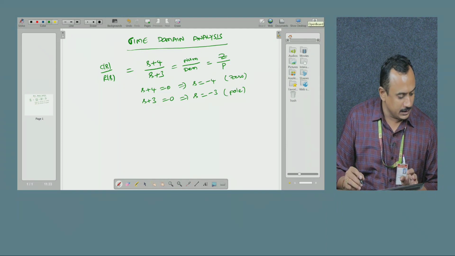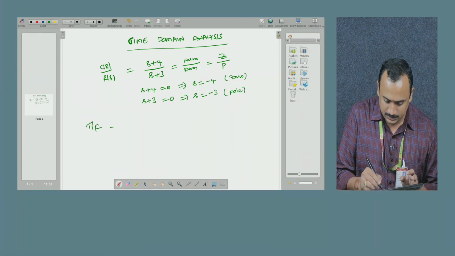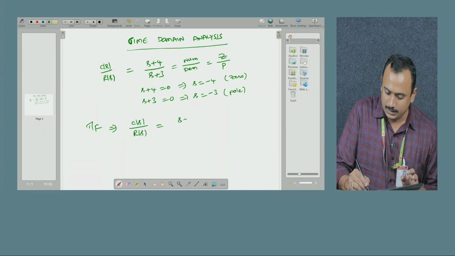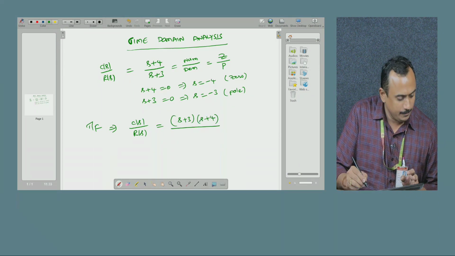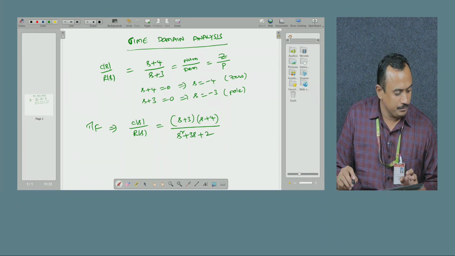Now let us take another example. The transfer function is C(s)/R(s) = (s + 3)(s + 4)/(s² + 3s + 2).